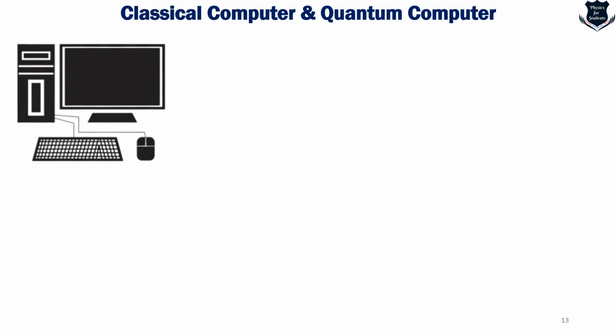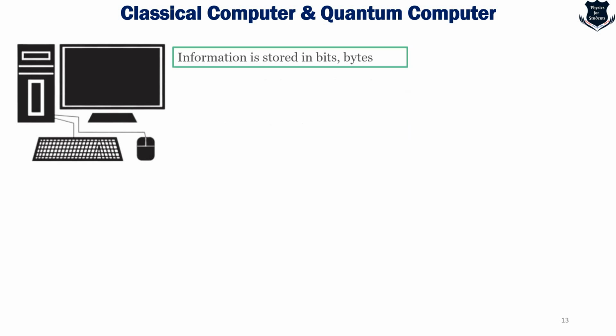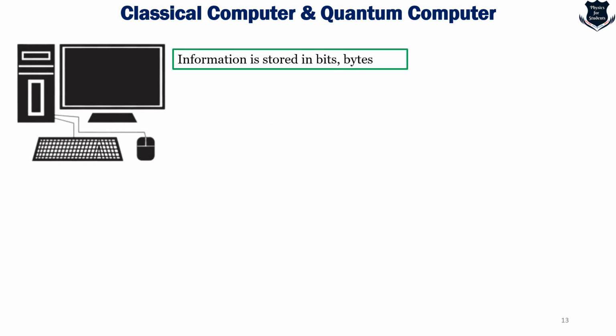Okay, so you see that if we take a classical computer, classical means they work classically. It is not necessarily an old desktop with a floppy; even the laptop that you are using or the telephone is classical. Here the information is basically stored in bits and further into bytes.